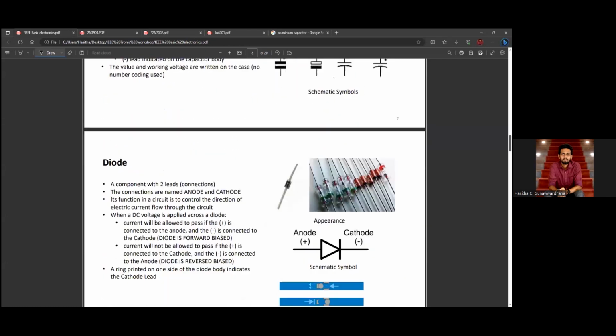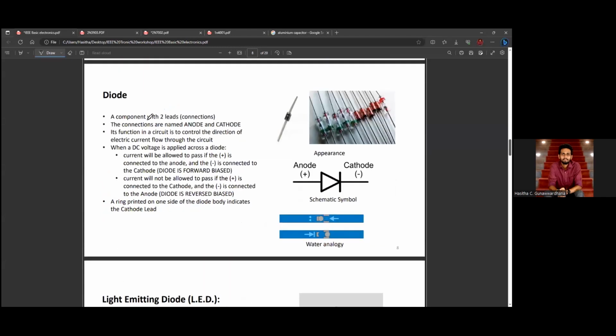Then if we go to the diode, if we consider a simple analogy, it is like a one-way switch or one-way valve. It will allow the current to flow in one direction, and it will resist the current flow in the other direction.